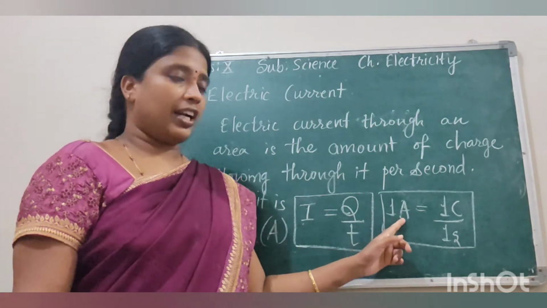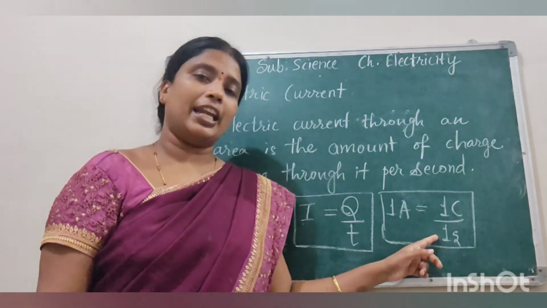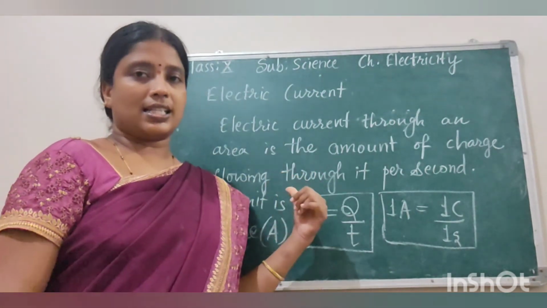So 1 ampere of current is produced when 1 coulomb of charge moves through a wire in 1 second. I hope you have understood the concept.